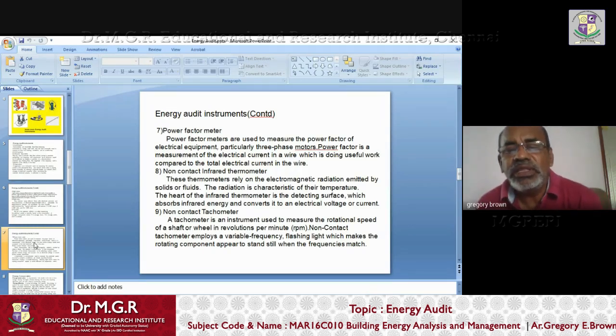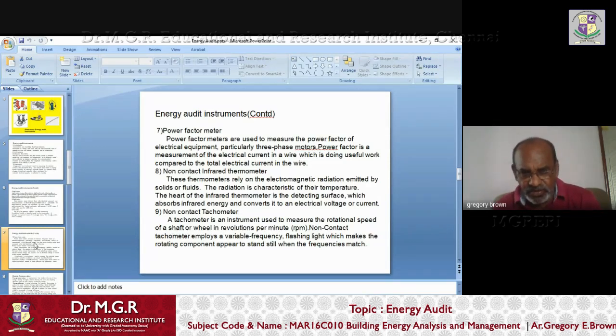So in this, the non-contact tachometer employs a variable frequency flashing light which makes the rotating component appear to stand still when the frequencies match. Okay, so how the reading is done is there is a flashing light, and at one particular point it will remain still.